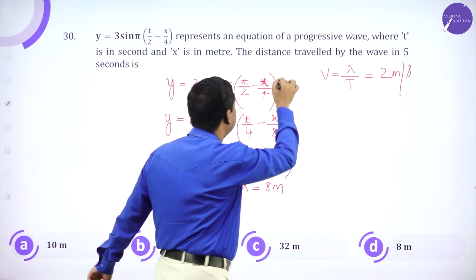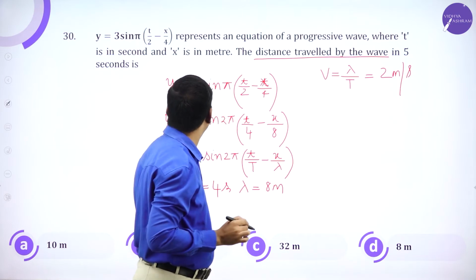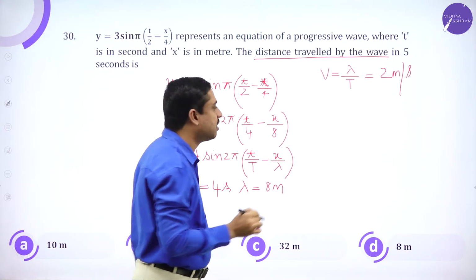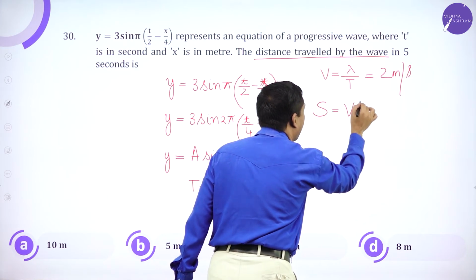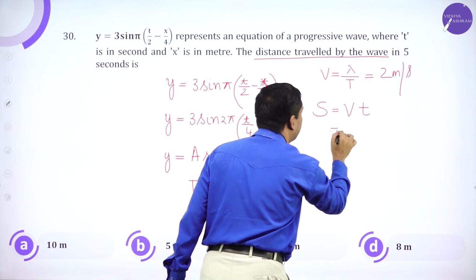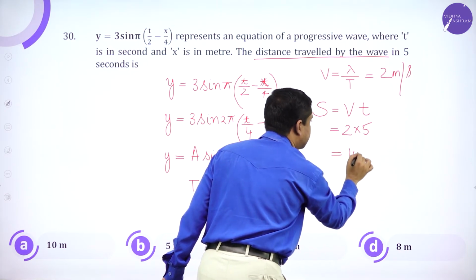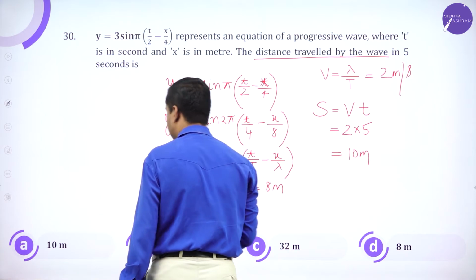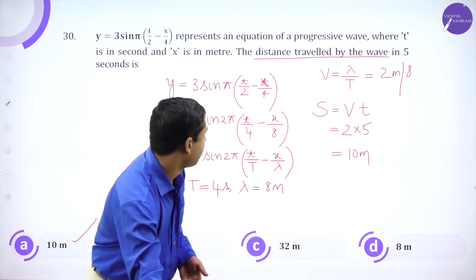I want the distance traveled by the wave in 5 seconds. So distance is velocity into time, 2 into 5, which is 10 meters. So the answer is 10 meters.